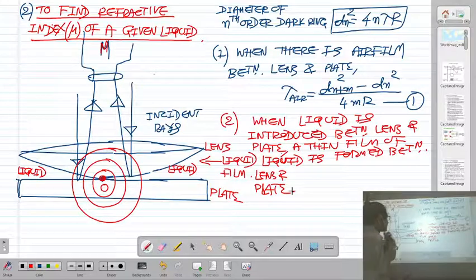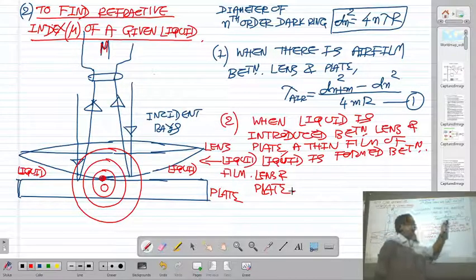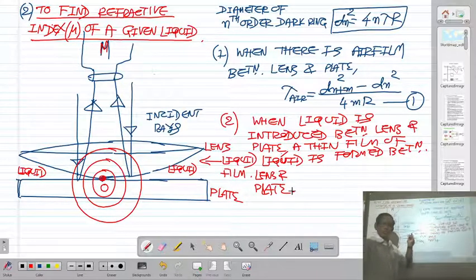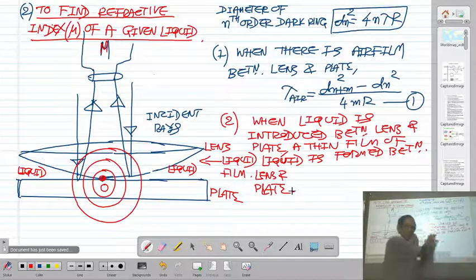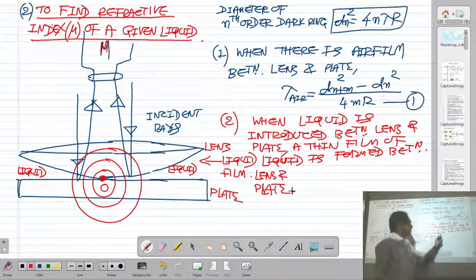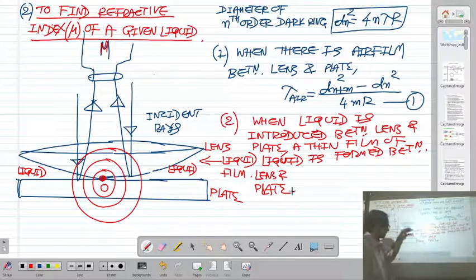when a given liquid, either water or glycerin, is placed between the lower surface of the lens and the upper surface of the plate, a thin film of water or glycerin, a thin film of liquid, is formed between lens and plate.